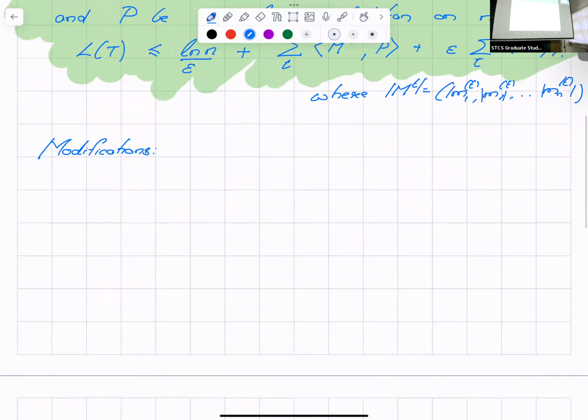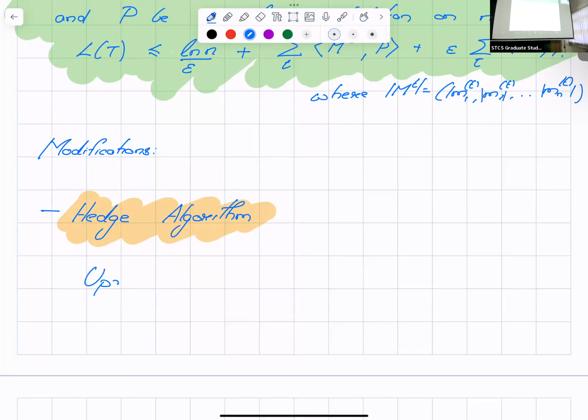The first variation will be something called the hedge algorithm. In some textbooks you would find the hedge algorithm instead of this algorithm, and the key difference is in the update rule.